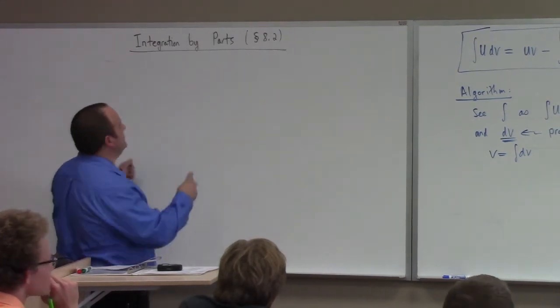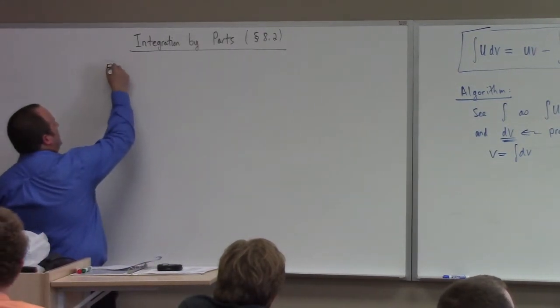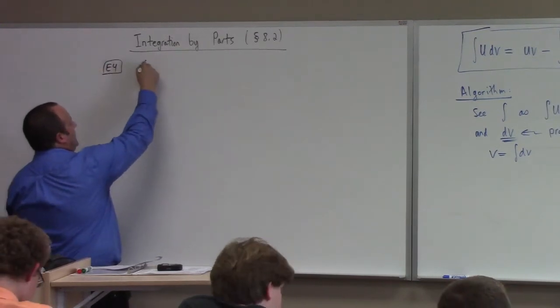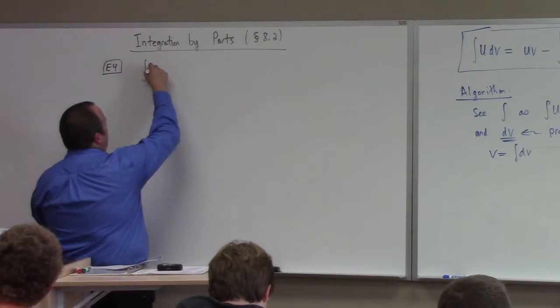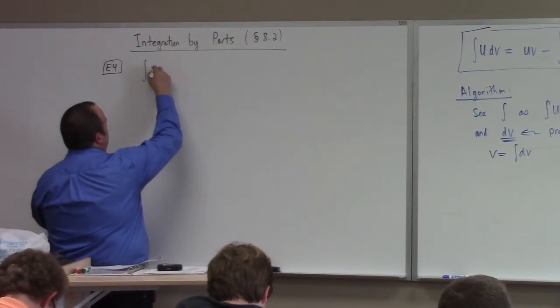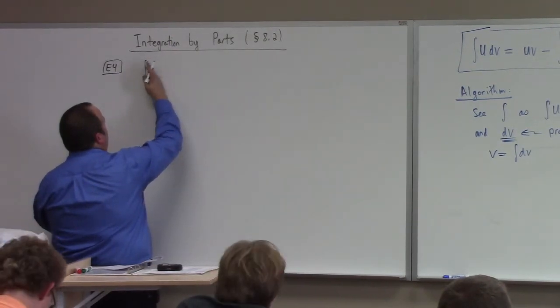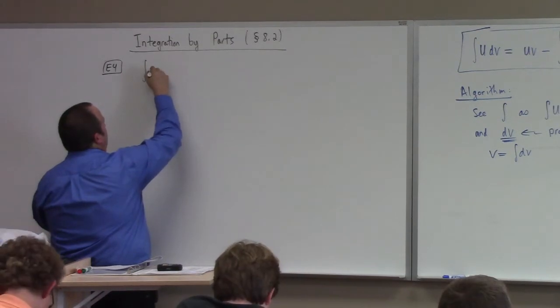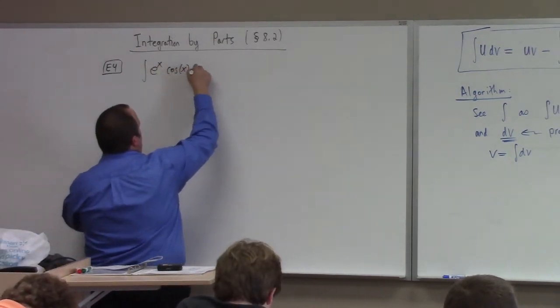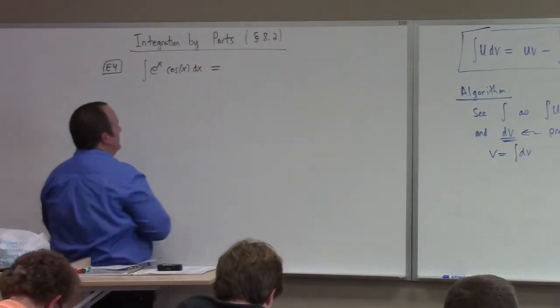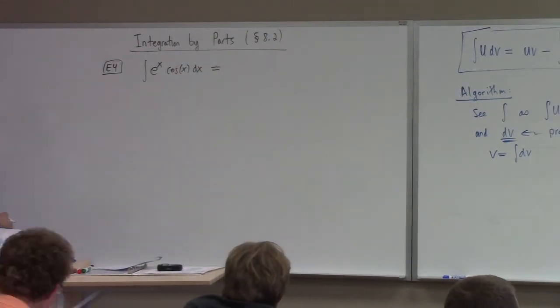Let's see here. Where was I? Example 4. I wanted to show you one more here. How about the integral of e to the x cosine of x dx. These always throw people for a fit.